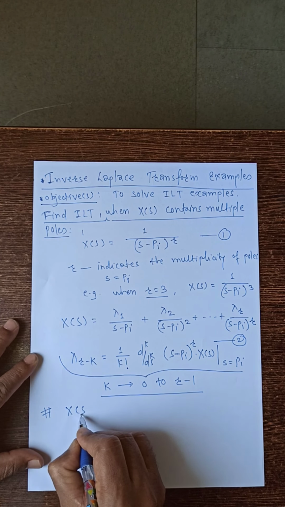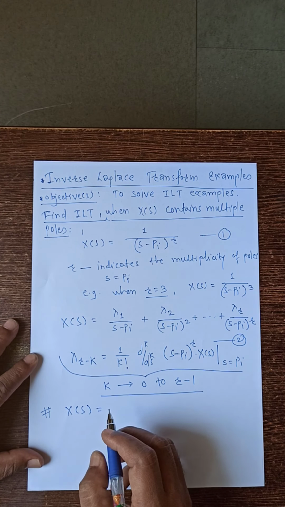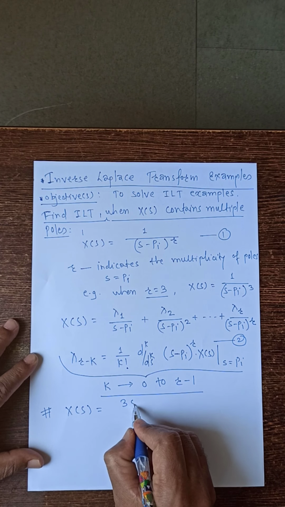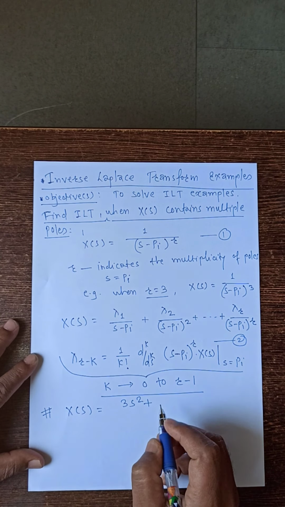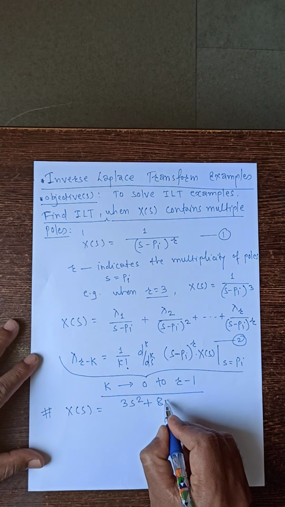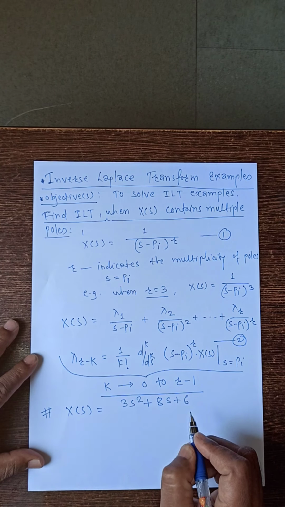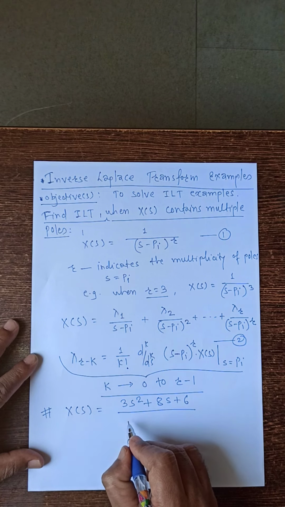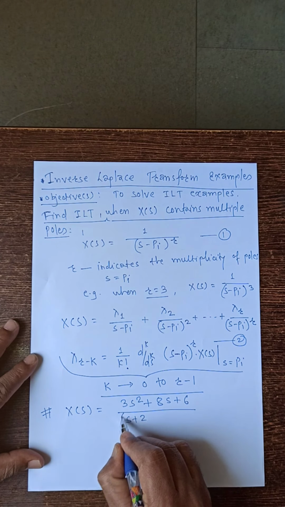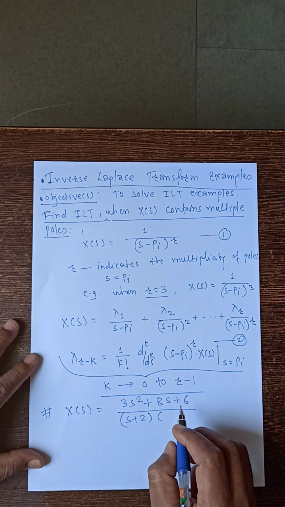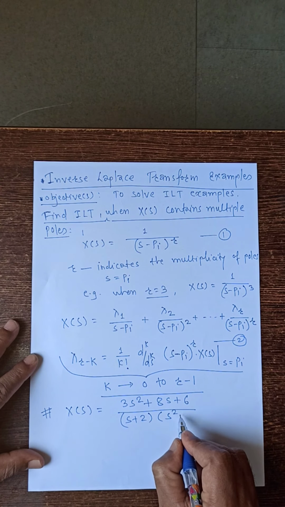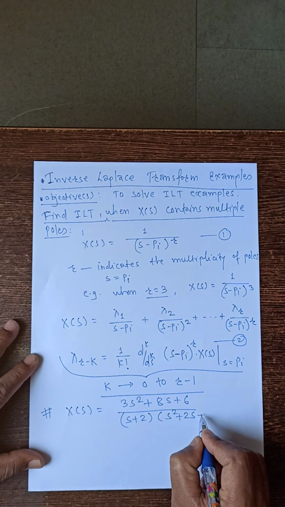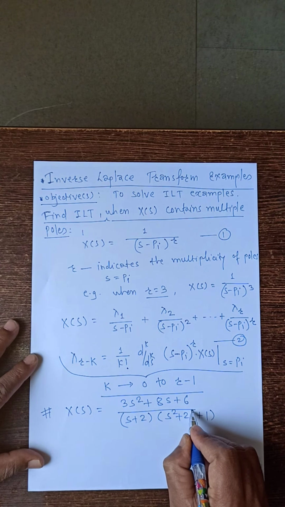Let X(s) equal (3s square plus 8s plus 6) divided by (s plus 2) into (s square plus 2s plus 1).